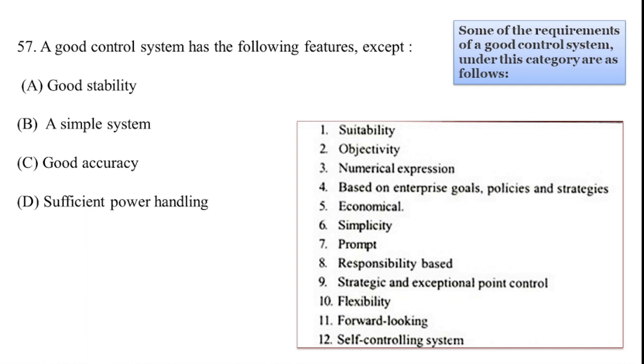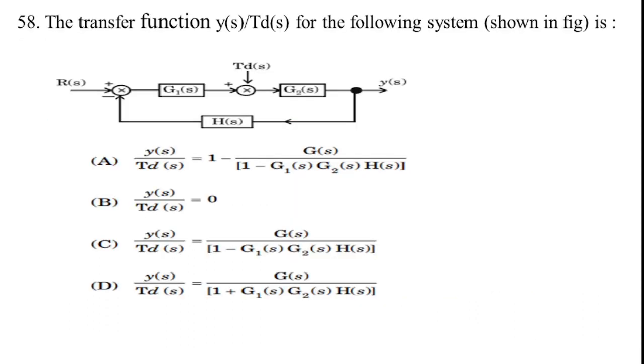This is the requirement of a good control system. But among the given options, good stability is also a feature, good accuracy also, sufficient power handling also. The most accurate is option B, the simple system. Option B is correct. Next question.